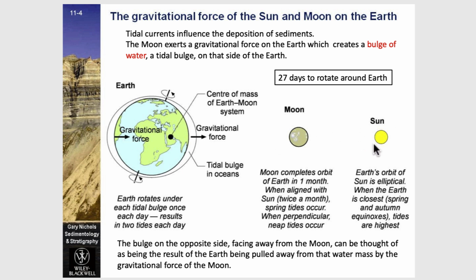So when these two bodies are aligned, the bulge will be maximum. But again, if we have two and you consider a 24-hour rotation, that makes up for essentially two phases of rise and two phases of depression, which will correspond to a variation every 6 hours.